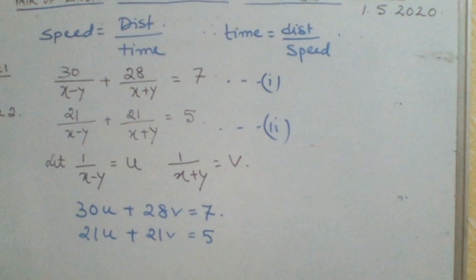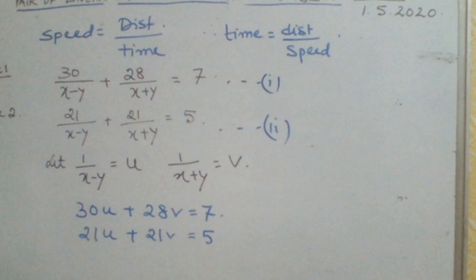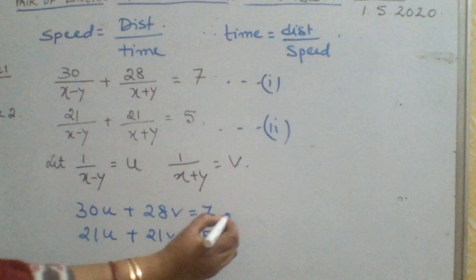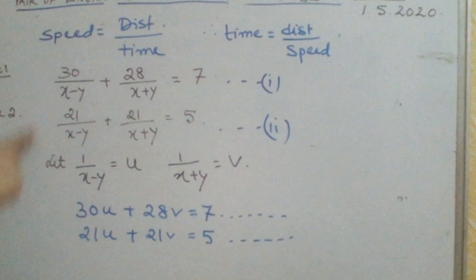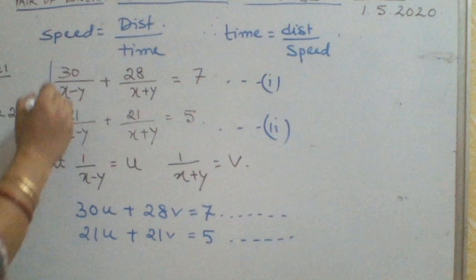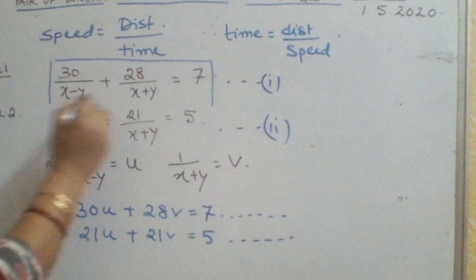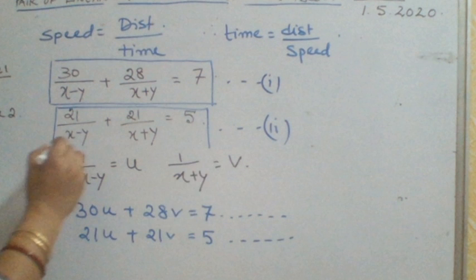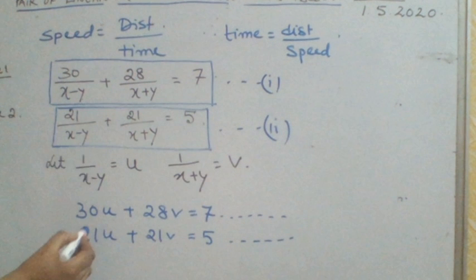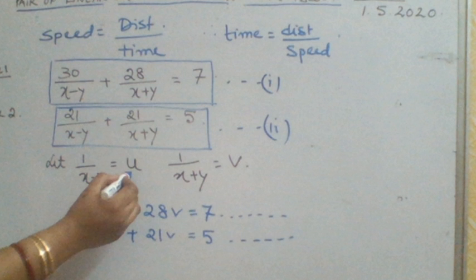Now these are the two equations, and these are now linear equations. The actual equations obtained from the given facts are the earlier ones; substituting 1 upon x minus y and 1 upon x plus y, you get these.